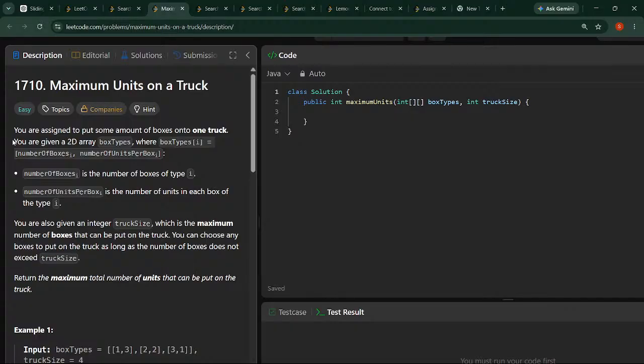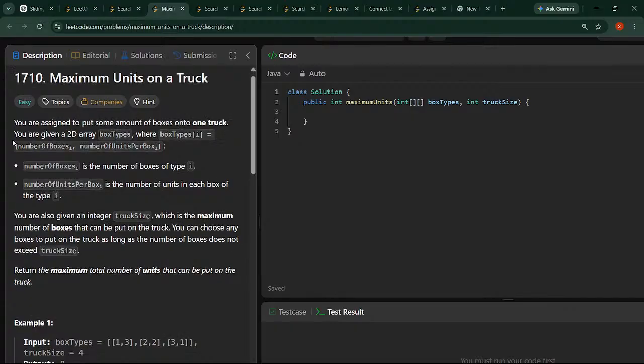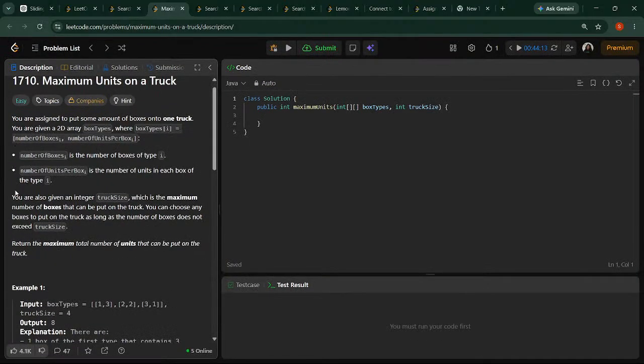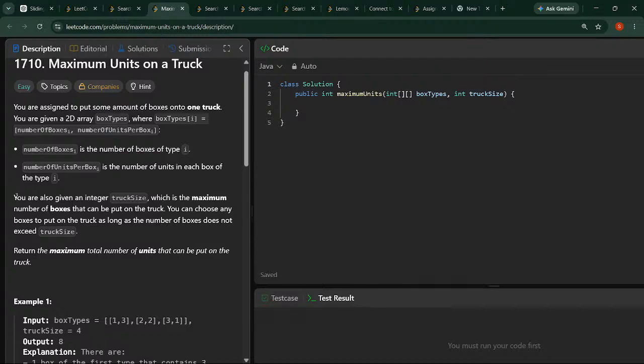You are given an integer truckSize, which is the maximum number of boxes that can be put on the truck. You can choose any boxes to put on the truck as long as the number of boxes does not exceed truckSize.